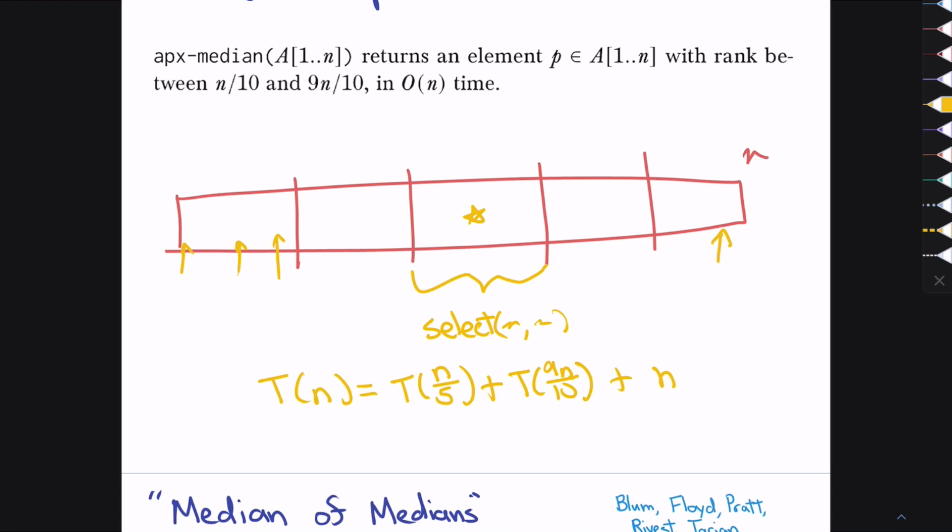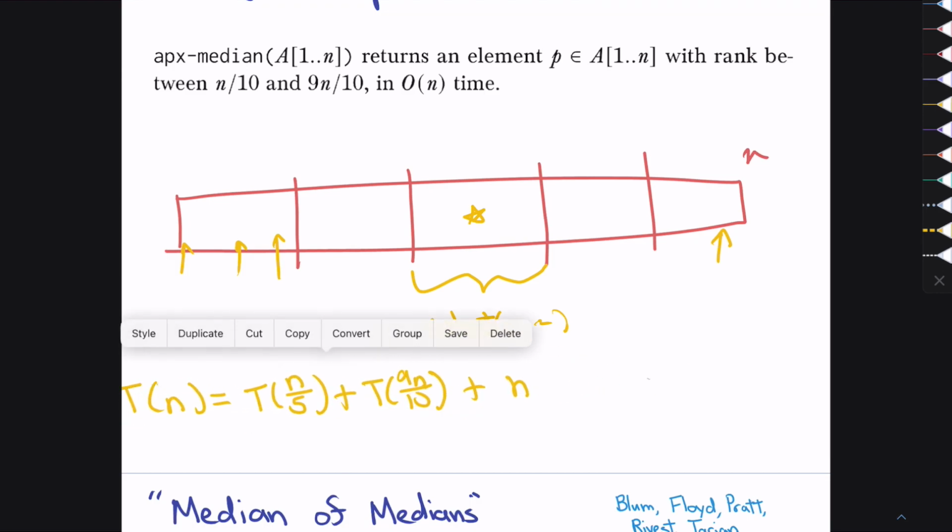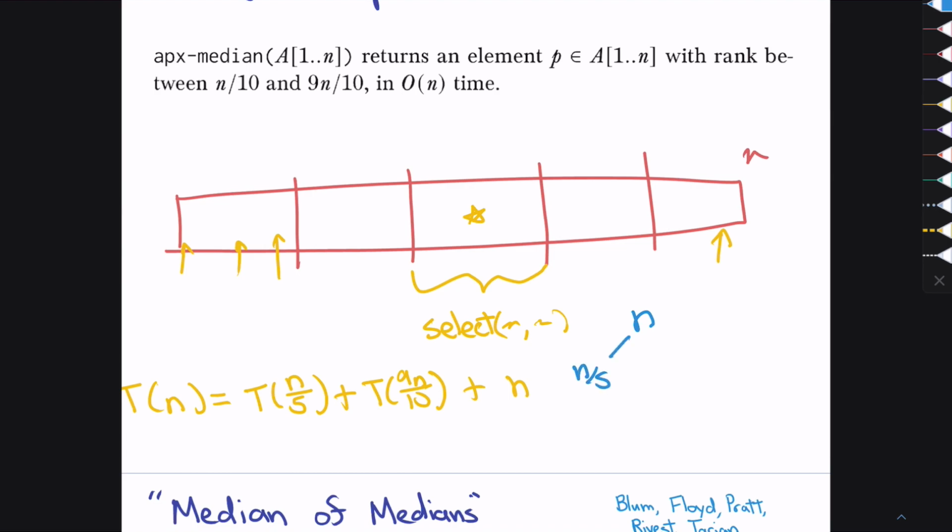Okay, and if you do the recursion tree here, you have your problem of size n, and then you're going to get a problem of size n over 5 and a problem of size 9n over 10, and they're both doing linear work. So if you add this up, you're going to get 11n over 10 total work.